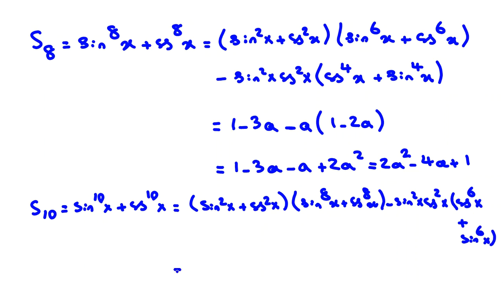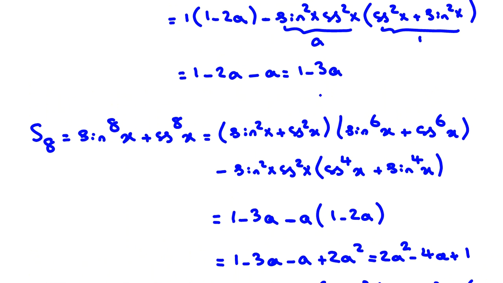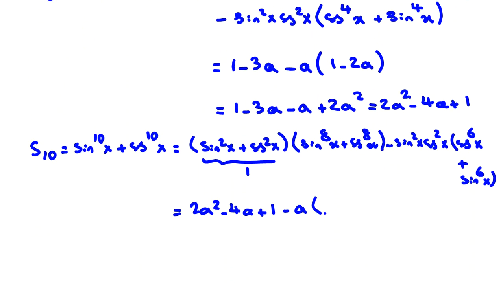It will be 1 times 2a squared minus 4a plus 1, minus a times sine 6x plus cos 6x, which will be 1 minus 3a.